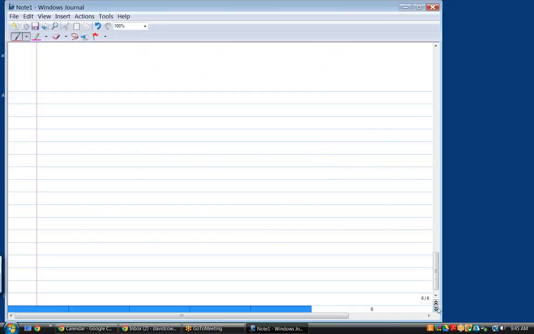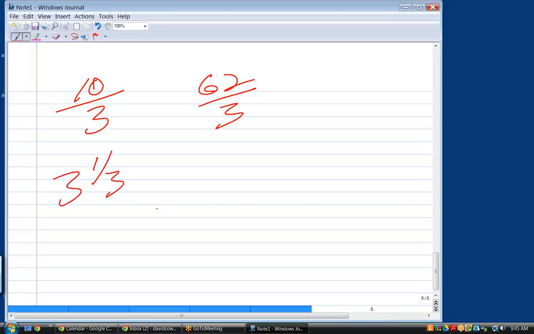How many odd integers are between that and that? Like 13 over 3? No, 10 over 3 is, well, let's convert these to proper fractions. That's a good starting spot. In other words, we're looking for the whole odd numbers between these two numbers. Well, what's this number equal to? 10/3? 3 and 1/3. Okay, and what's the other one equal to?